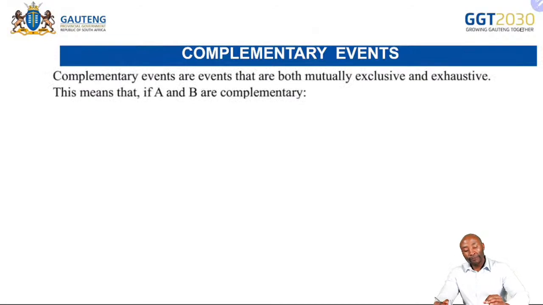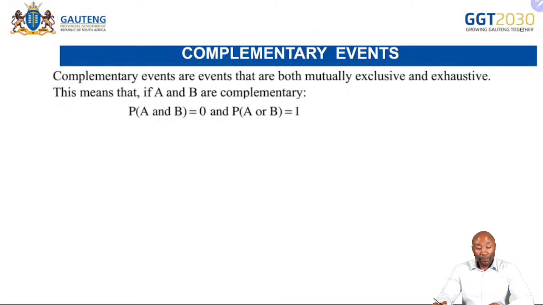Complementary events. These are events that are both mutually exclusive and exhaustive. So if A and B are complementary, the probability of A and B is 0, meaning there is no intersection, and the probability of A or B will always give us 1.